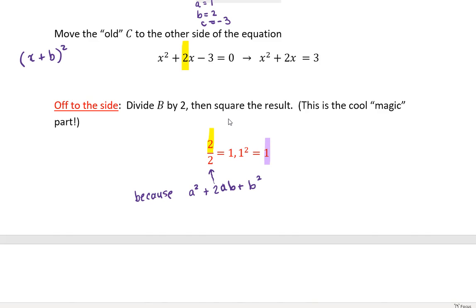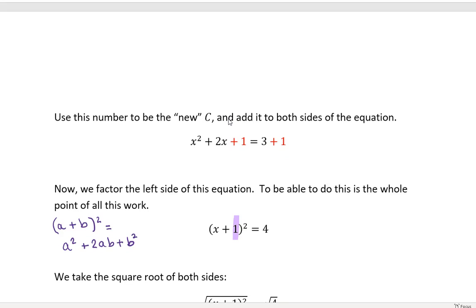So as we go down here, we're going to add the new c, right? Here's our old c. We're going to add our new c to both sides. So in this case, I have x squared plus 2x plus 1 is going to equal 3 plus 1, right?